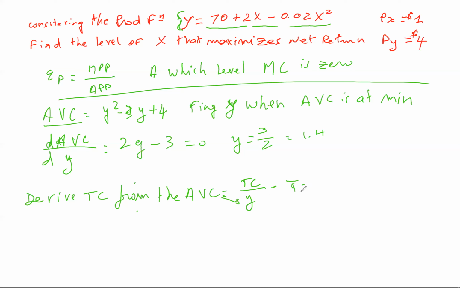So total cost will be equal to average variable cost times y. Okay. So our total cost in the example, we add y everywhere. It's going to be y squared times y, y to the power 3, minus 3 doesn't change, y squared plus 4y.